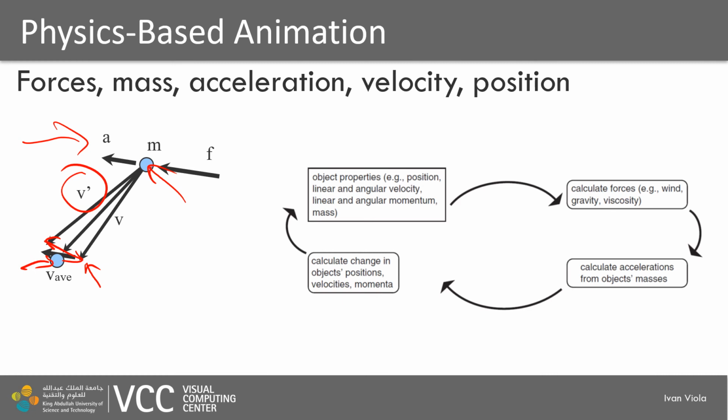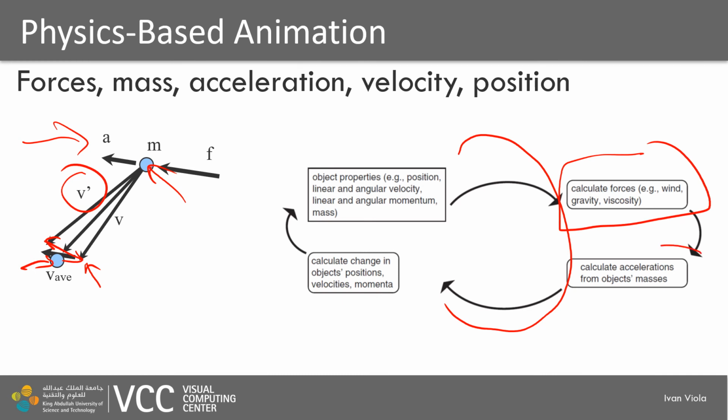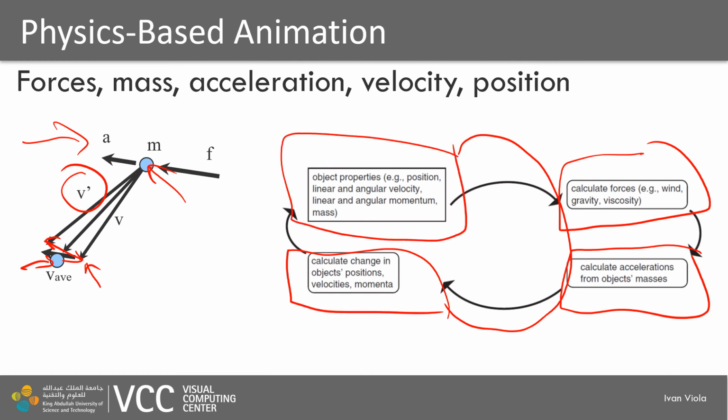And then we will again have a next iteration and perform the same. This loop can be observed here, where we start with the forces and then we calculate accelerations. From that, we will be calculating the velocities and momenta, and finally we will end up with the positions. This is in general the framework of a physics-based animation.